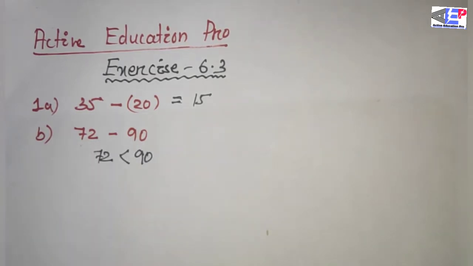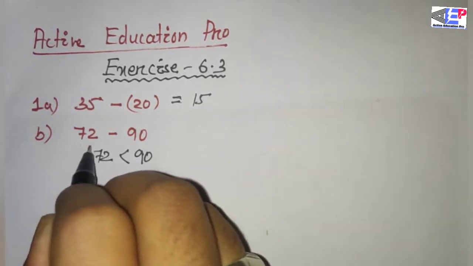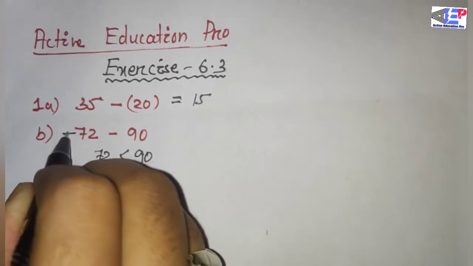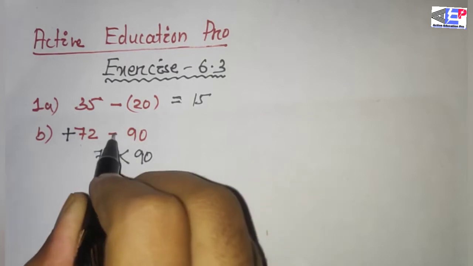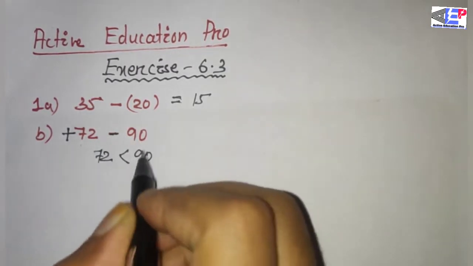So what to do? This 72 is a positive integer, and this 90 is a negative integer because there is a negative sign before the number 90.